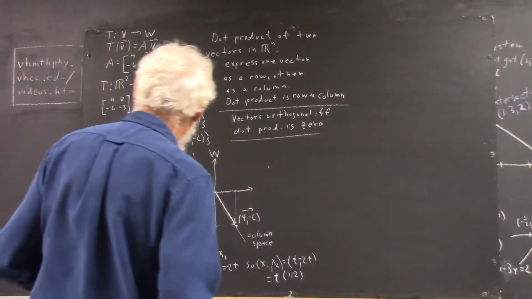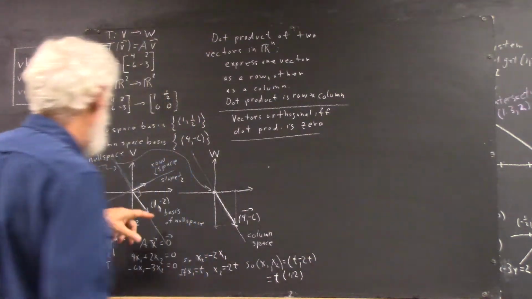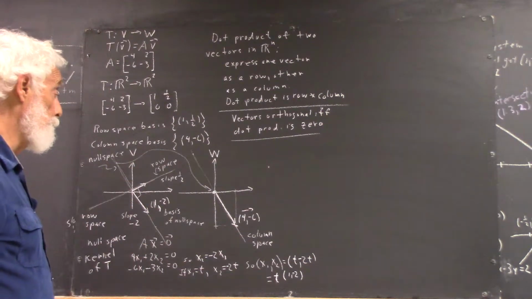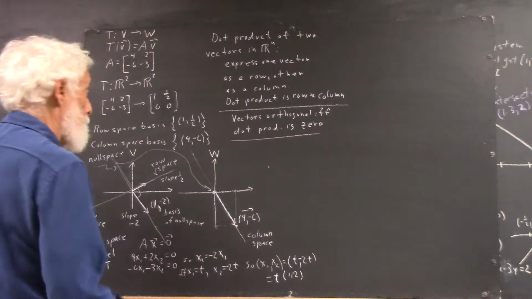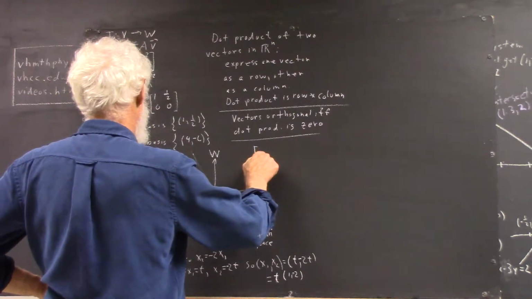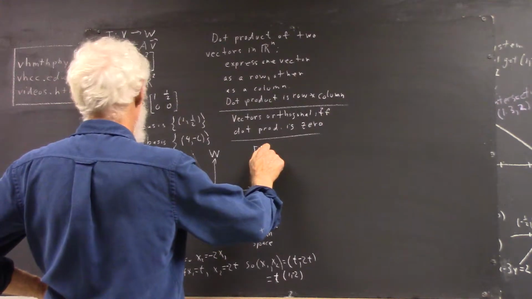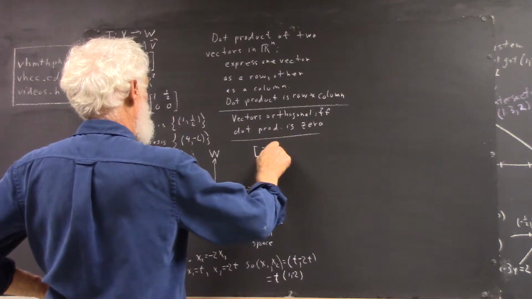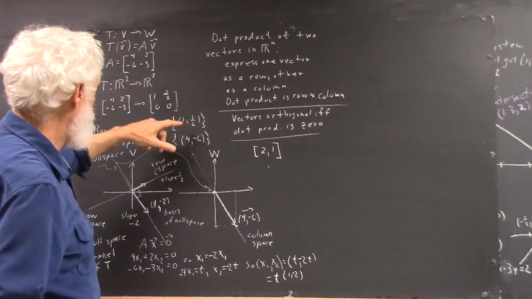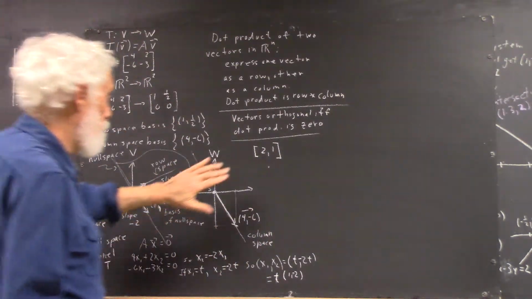Okay, well, let's take the basis vector for your null space and the basis vector for your row space. The vector 1, 1/2, the basis of your row space, wherever I wrote it, actually it's not 2, 1, it's 1, 1/2.